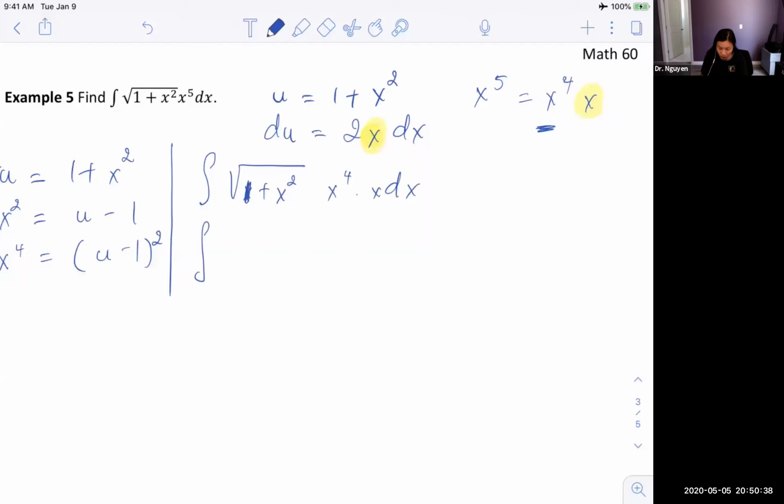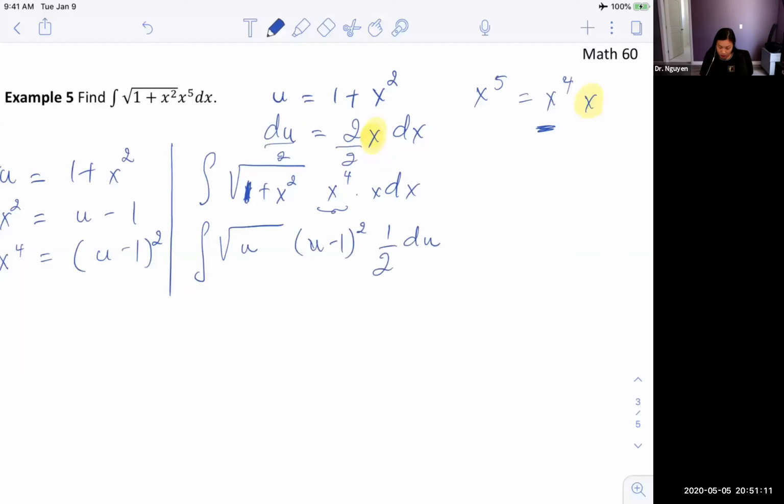Instead of square root of 1 plus x squared, we now have square root of u. Instead of x to the 4th, we now have u minus 1 squared. And then instead of x dx, we have 1/2 du. Okay, don't forget I divide by 2 here, I divide by 2 here. That's why. Okay, so now we can simplify.